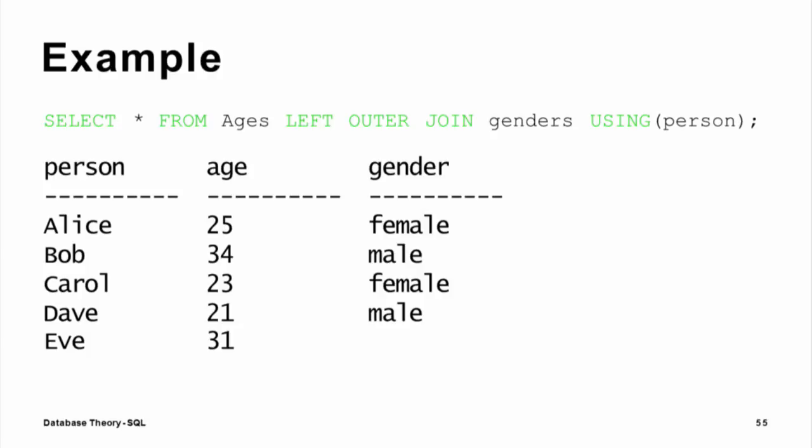But if we get the left outer join instead, then we are using the same criteria for searching, but we are also adding Eve from the ages table. She has an age, but she has no gender.